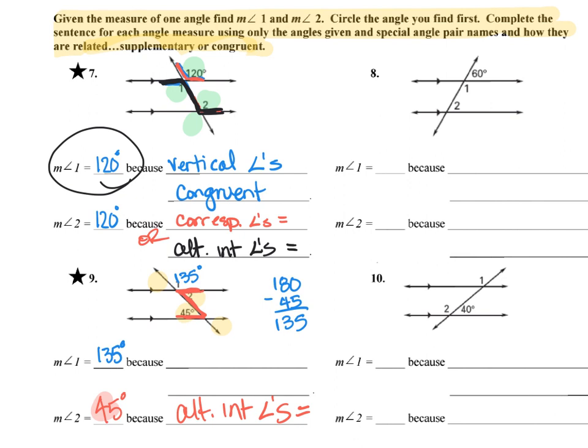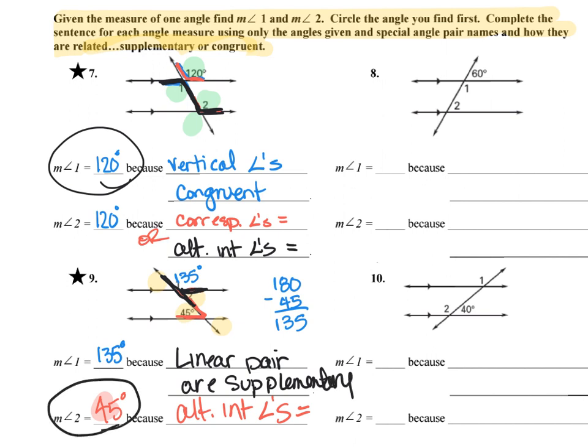And when I look at these angles, there is a relationship between angle 1 and angle 2. Angle 2 is 45, and angle 1 is a linear pair. And those are supplementary. So without doing angle 2 first, I would not have been able to find angle 1. That's why I had to circle that.